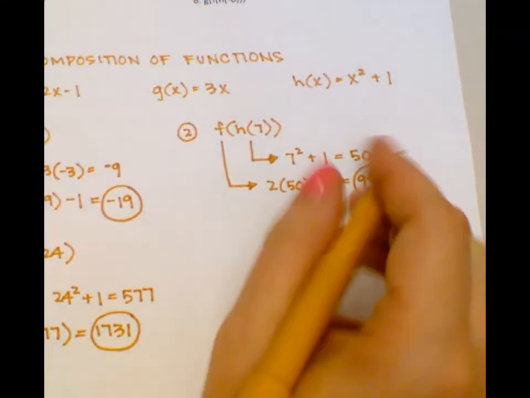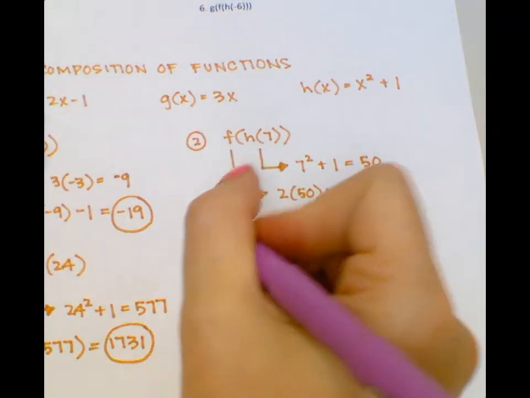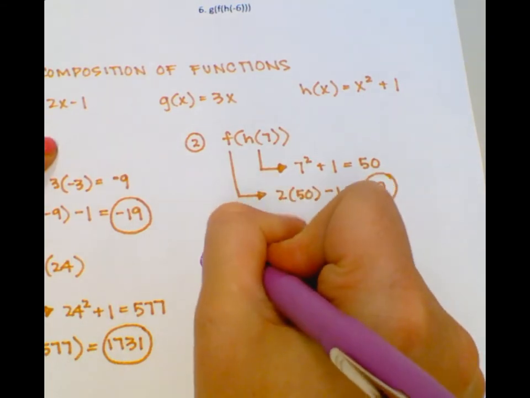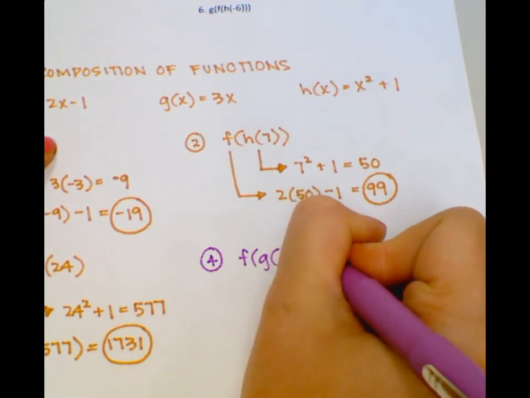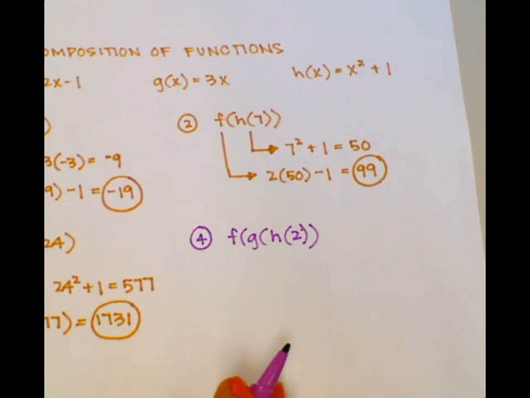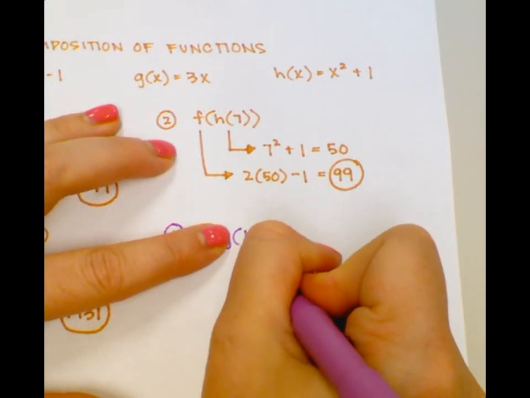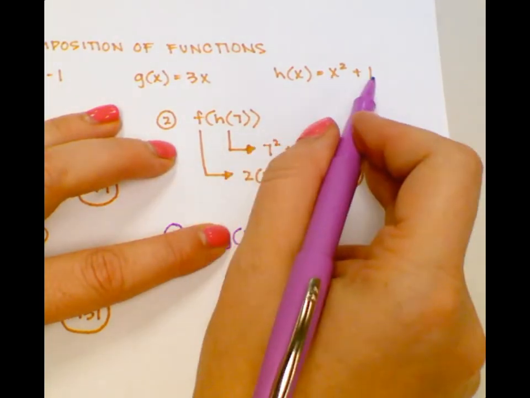All right, let's go even harder. Let's try another one. I'm going to switch pens so you know it's kind of a harder one. Let's try f of g of h of 2. So now I put in 3 letters. Remember, you always start at the back one first. So h of 2 is where I'm starting. I go up to the h, which is right here, and plug it in.